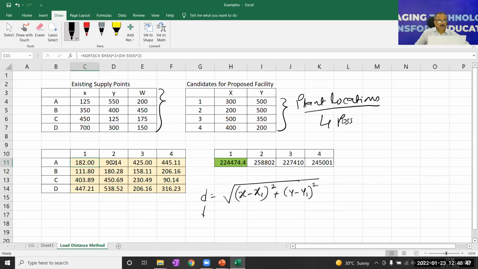So for example, here it's the square root of this x minus x1, and its square is required.